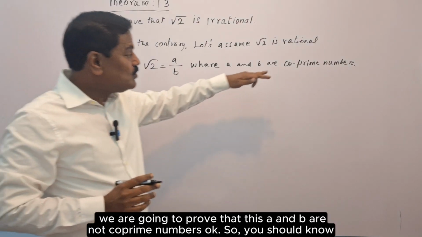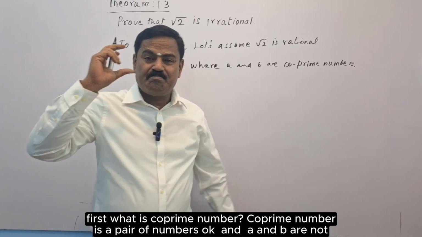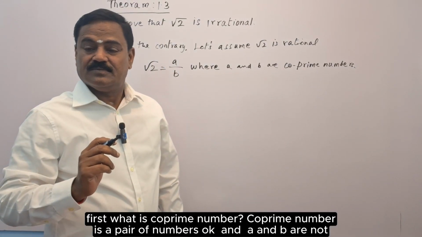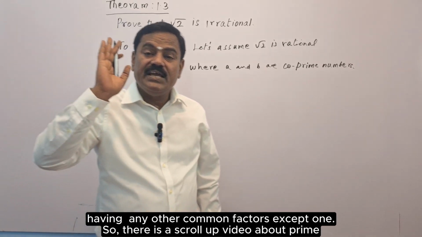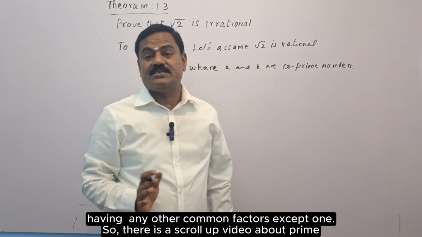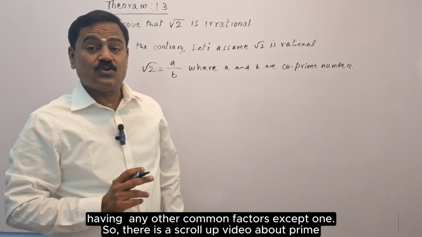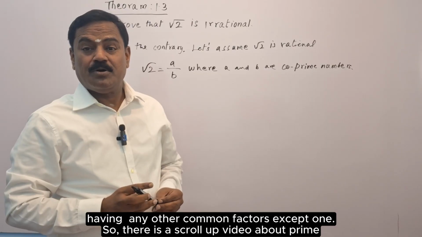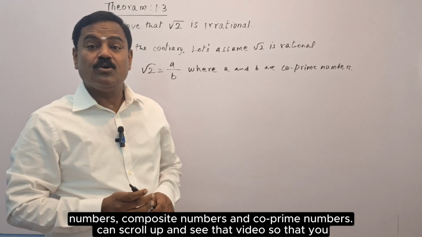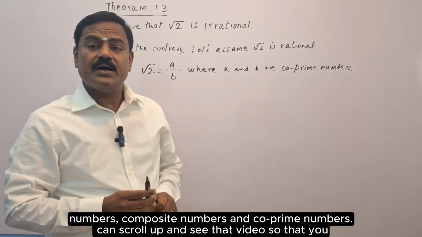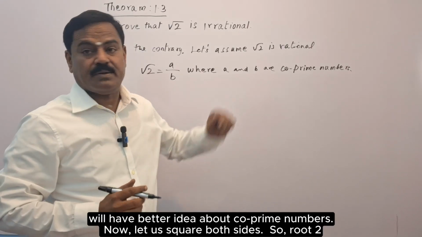So you should first know what a co-prime number is. A co-prime number is a pair of numbers, a and b, not having any common factors except one. There is a video above about prime numbers, composite numbers and co-prime numbers. You can scroll up and see that video, so that you will have a better idea about co-prime numbers.